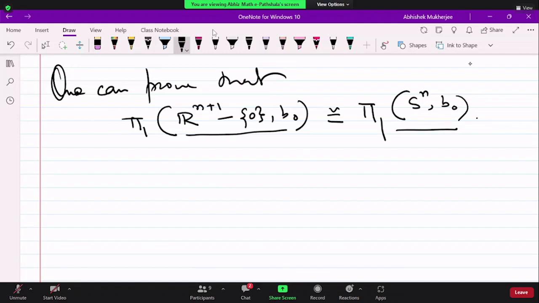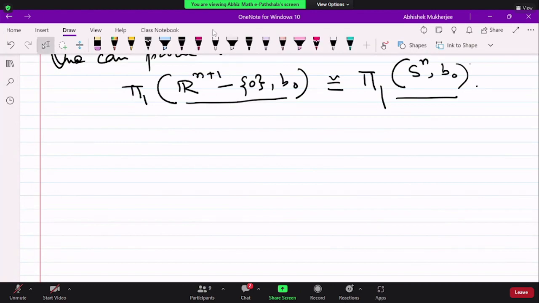We can also prove this in another way, and that proof will give you another important theorem in topology, which is called the Seifert-Van Kampen theorem, but we'll be looking at that later.